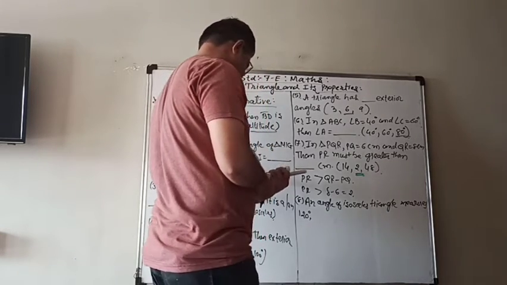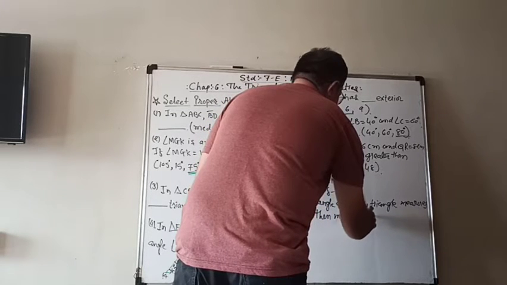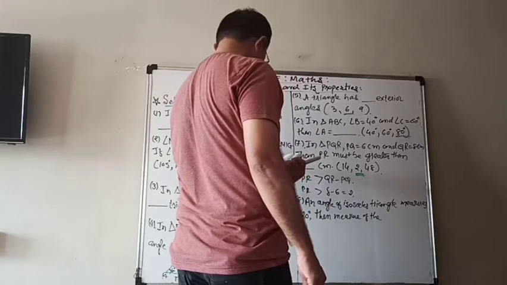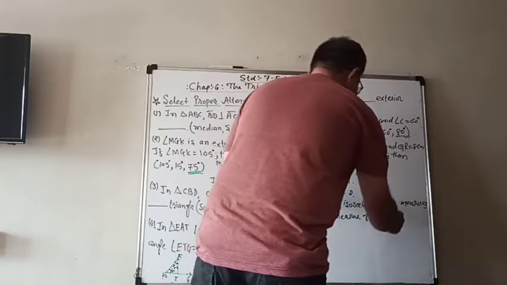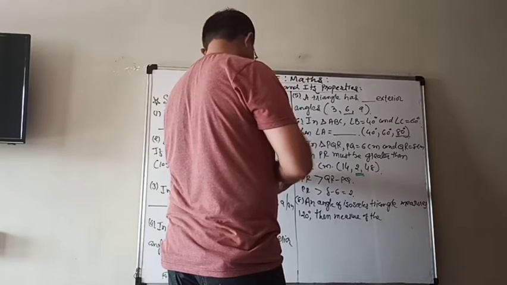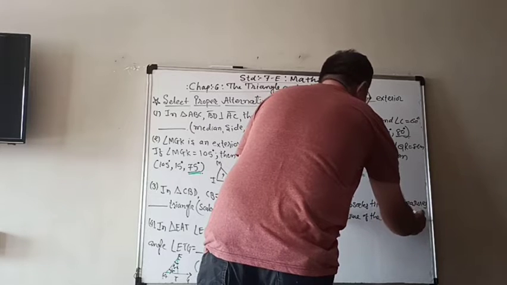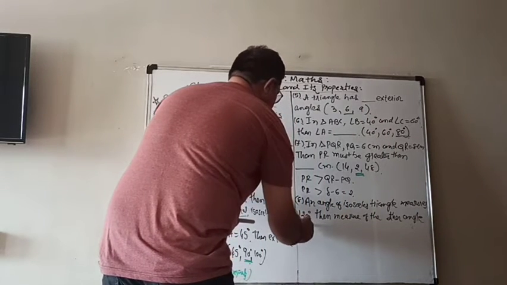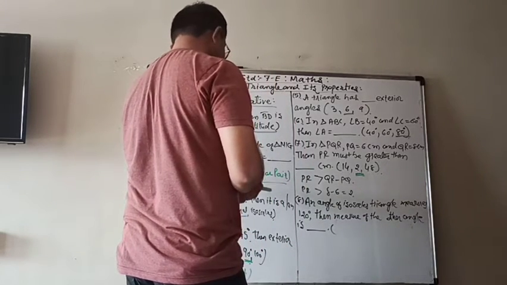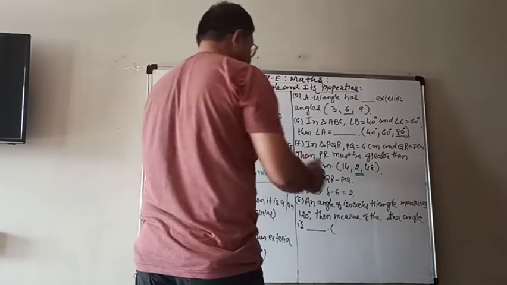Then the measure of the other angle is blank. Here the options given are 60, 90 and 30 degree.